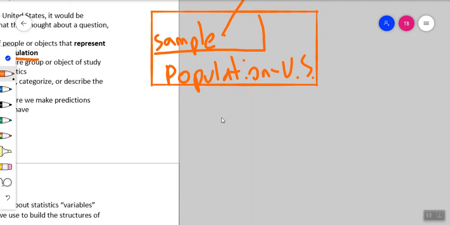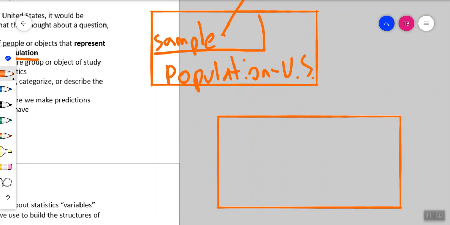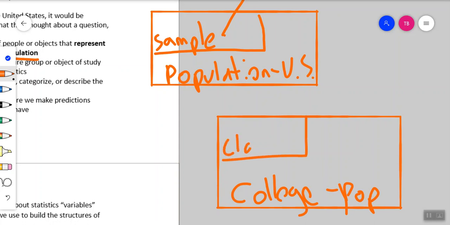It could be done the same way in a classroom. So if you wanted to find out what people thought in your college, whether or not they were satisfied with their school, so the college itself, that would be the population. But maybe since you're not going to be able to ask the entire college, you would ask maybe one classroom. So this class of people that you ask, that would be the sample.